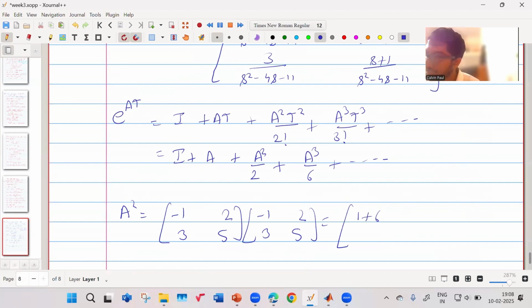Then minus 1 into 2 is minus 2, plus 2 into 5 is 10, so 8. 3 into minus 1 is minus 3, plus 5 into 3 is 15, so 12. 3 into 2 is 6, plus 25, so that will be 31. So it is equal to [7, 8; 12, 31], right?